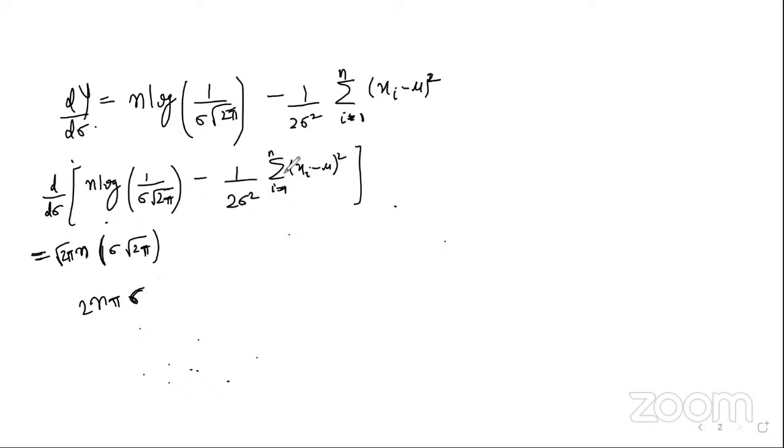Okay. So in the second term, you will have to treat this as a constant. So you can just pull it out, sum of xi minus mu whole square, i varying from 1 to n.